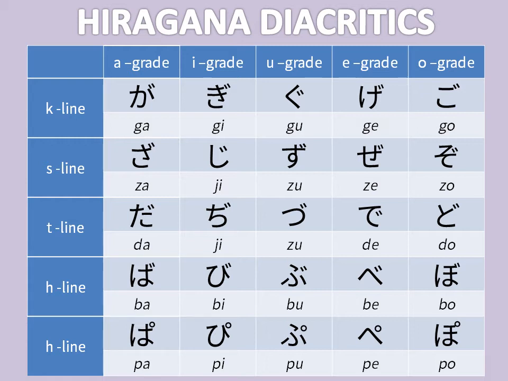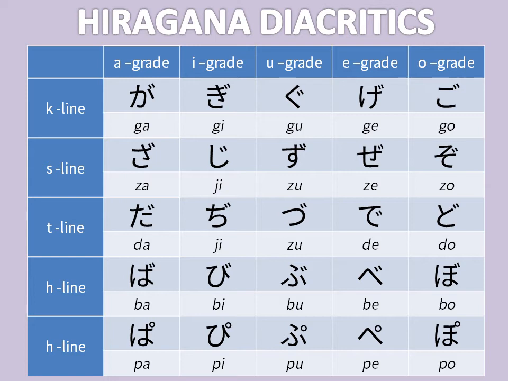Then the ta line, ta has become da. Again, chi has become ji again, but mostly we will use the sa line's shi, which has become ji, for the ji pronunciation.